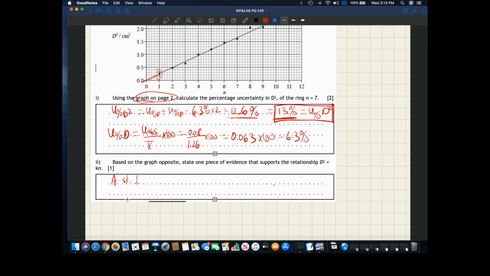So we say a straight line, constant slope, can be drawn through all the error bars and pass through the origin. Therefore, D squared is proportional to N.